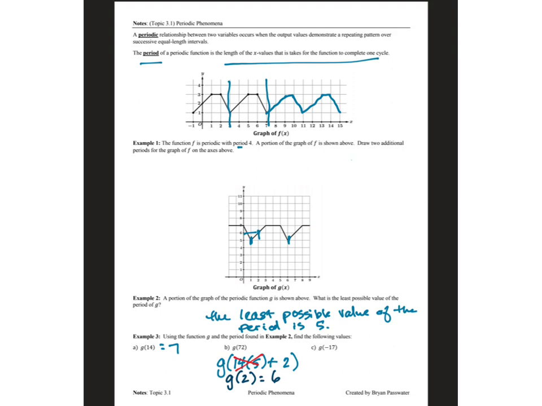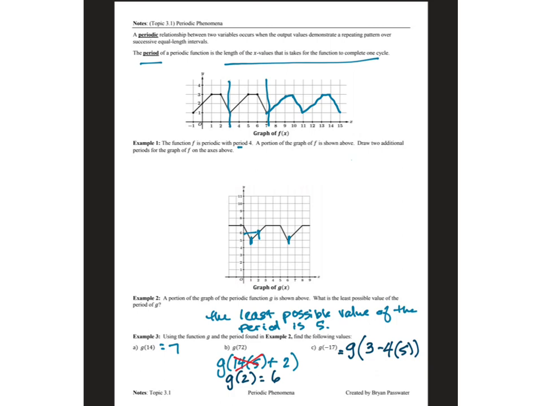Starting from a positive 3, how many would you have to take away to get a negative 17? 20. You'd have to take off 20, right? So what if I said g of negative 17 is equal to g of 3 minus 20? This is in a period of 5, so 4 times 5.